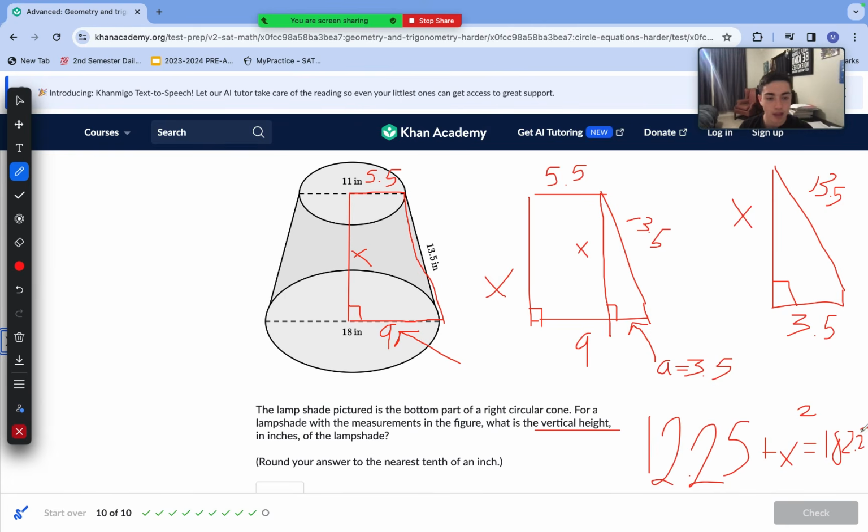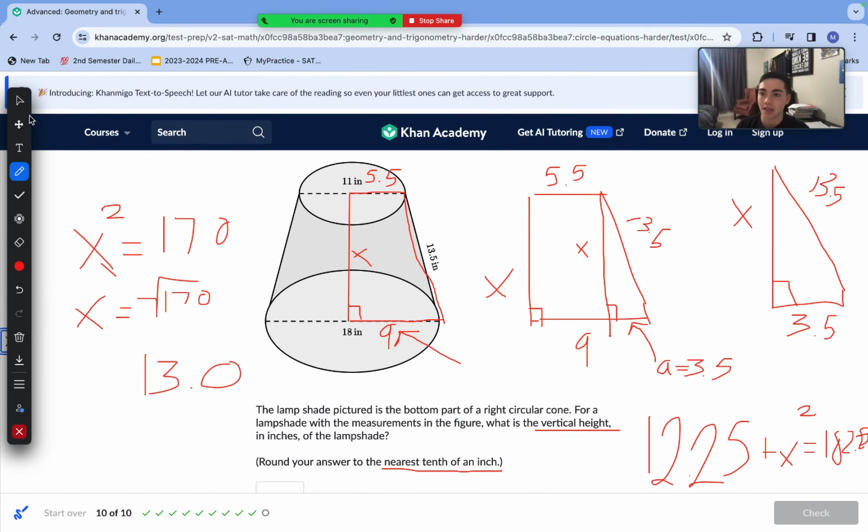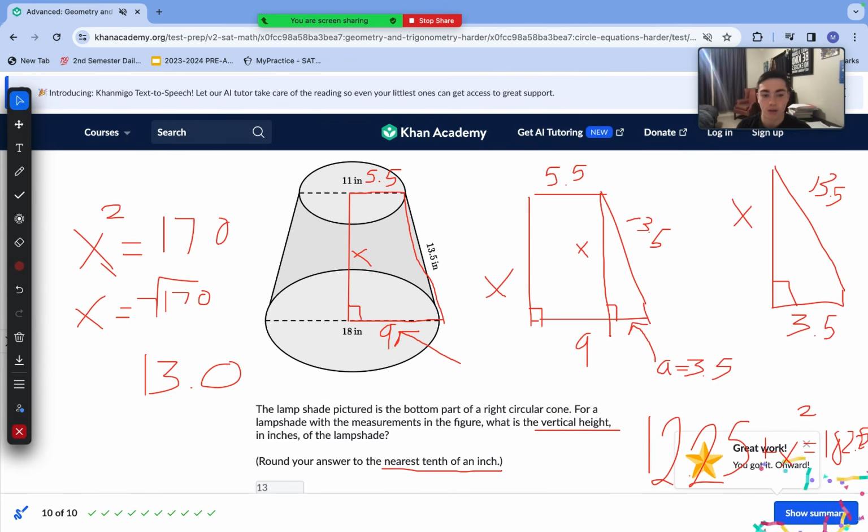When we isolate the x variable, we subtract 12.25 from each side. We are left with x squared equals 170. So that means that x is equal to the square root of 170. And this is approximately, rounded to the nearest tenth of an inch, 13.0 inches. So 13.0 is our answer here.